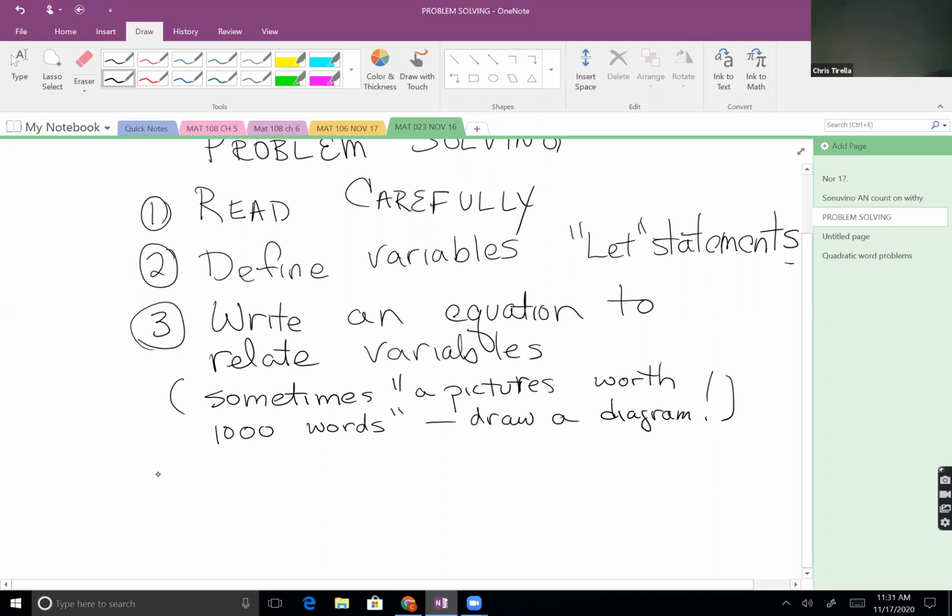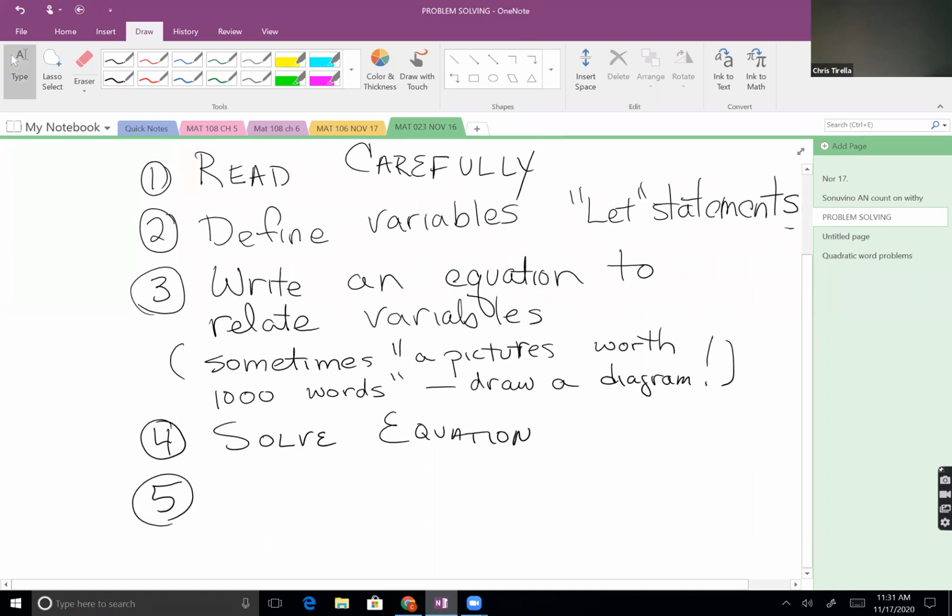And then after we have our equation, we'll solve it. And then what's different with these applications, these word problems, is we're not going to check in the equation, but we're going to check in the situation.